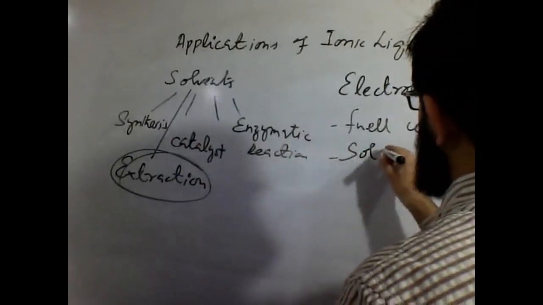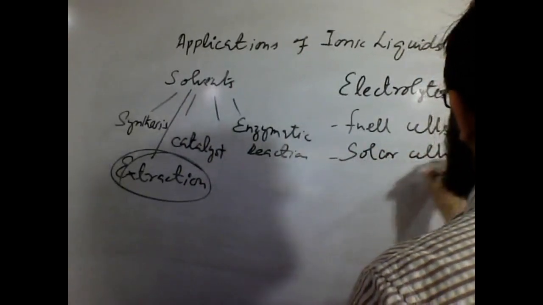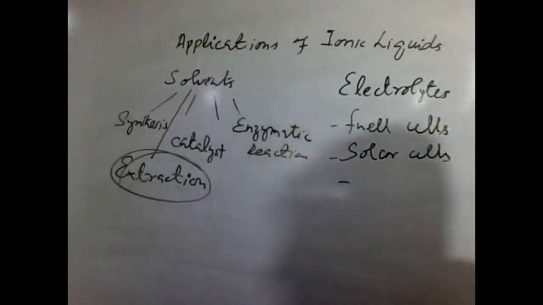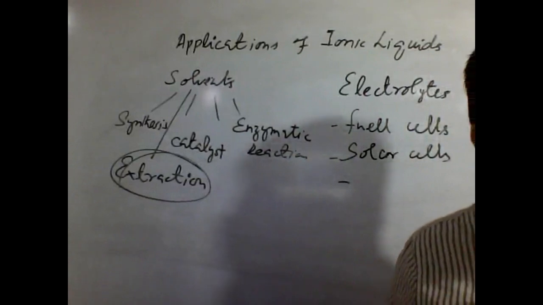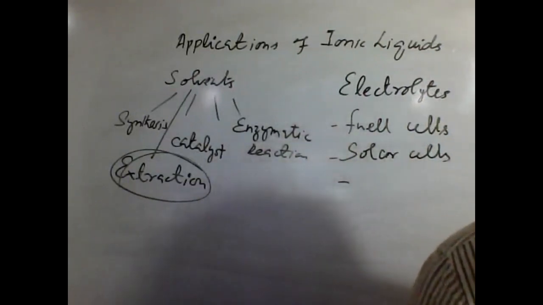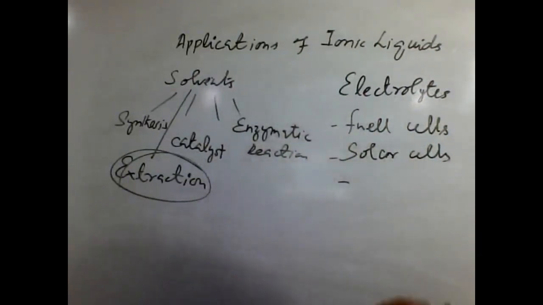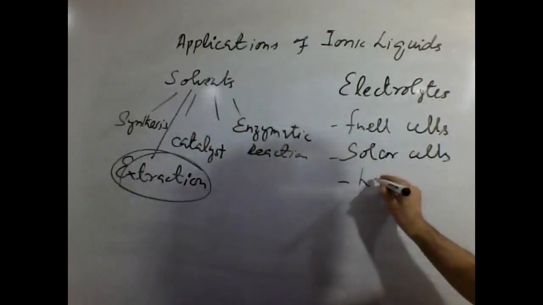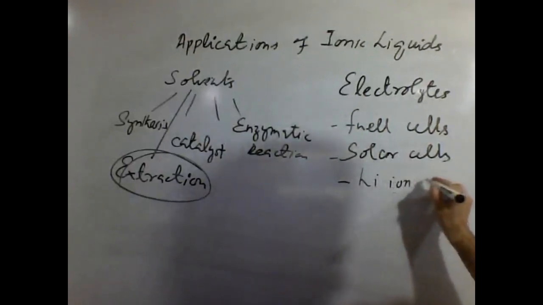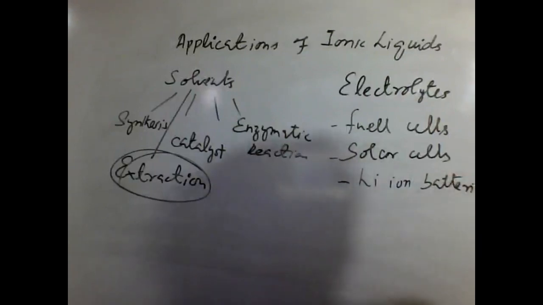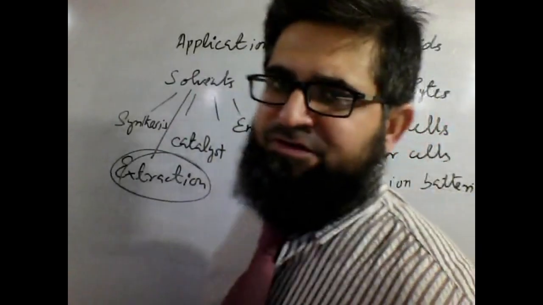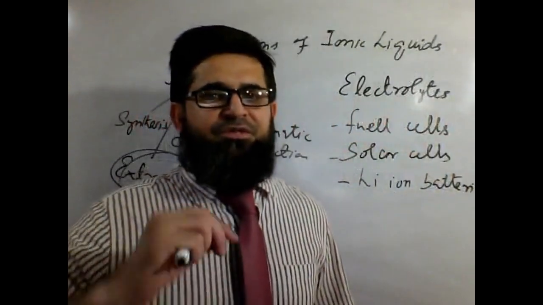They are used in solar cells as electrolytes because of the electrolytic stability. They are preferred. They are used in lithium-ion batteries. So this is a brief introduction about their application.